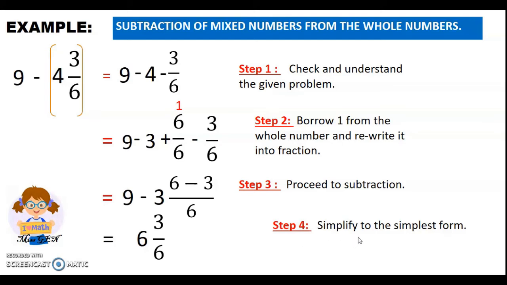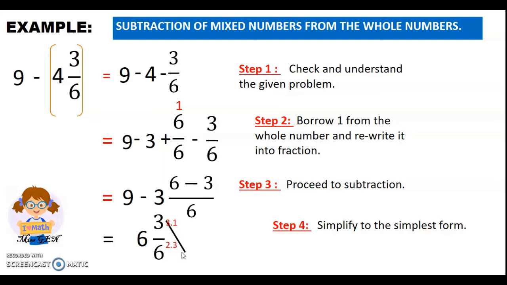And step 4, simplify your answer to the simplest form. Again, please watch my video on how to simplify fraction. So we will simplify 3 over 6. The factors of 3 are 3 and 1, and the factors of 6 are 2 and 3.